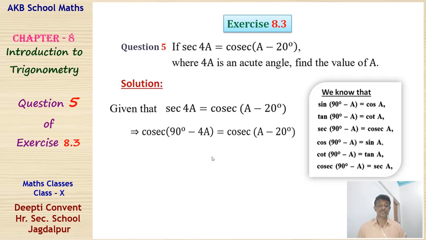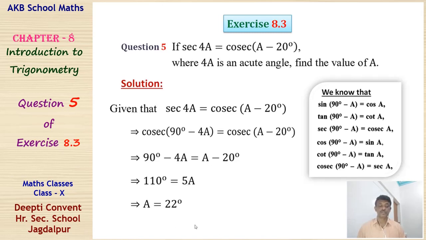Since the ratios of 90 minus 4a and a minus 20 are the same, we can write 90 minus 4a equals a minus 20. Now we can solve it. Transferring and solving, 5a equals 110, so a equals 22 degrees. Very simple question. That is question 5 of 8.3.